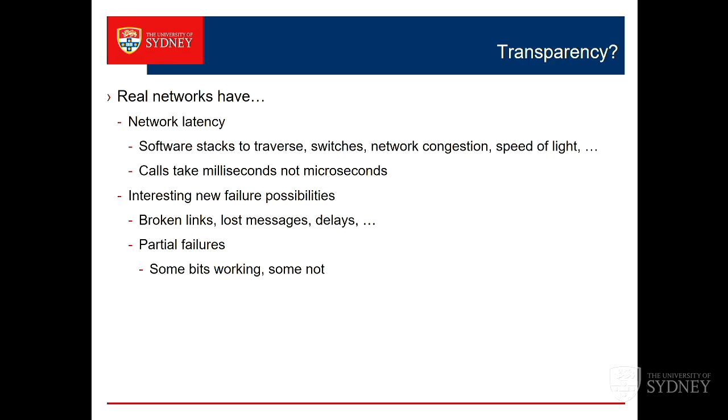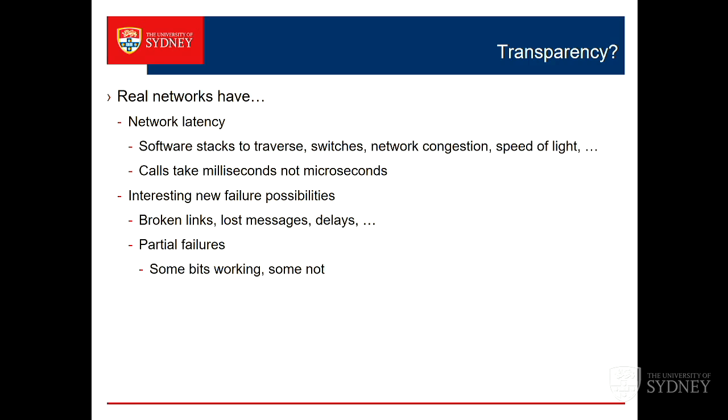So if I'm doing a remote method call, my remote method calls are going to take in the order of milliseconds, not microseconds or nanoseconds. Calling something locally, I can have very chatty protocols, and it doesn't matter. I mean, lots of backwards and forwards because they're all really fast.